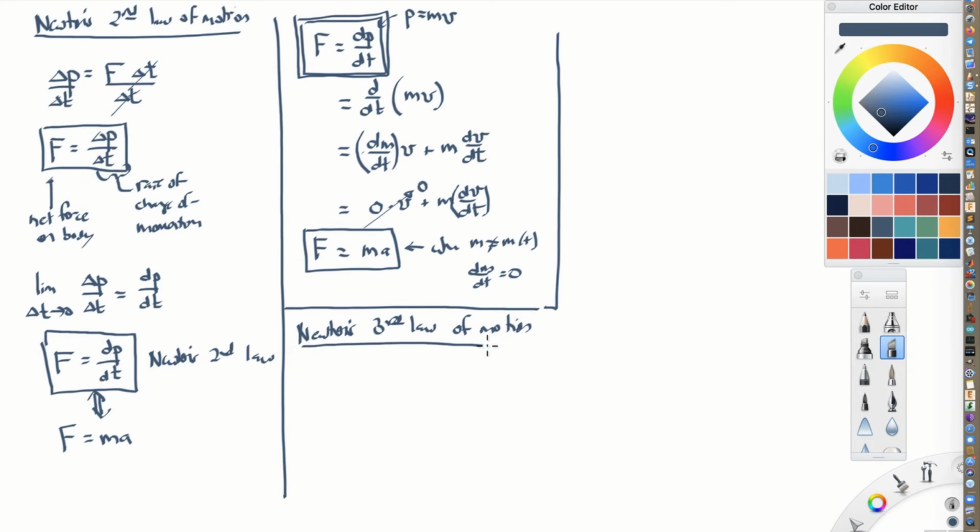How did Newton write his third law of motion? I'll just write it the way he did. Well, actually, he wrote it in Latin, but I'll write an English translation of it.